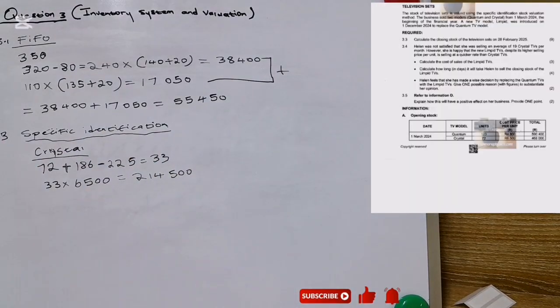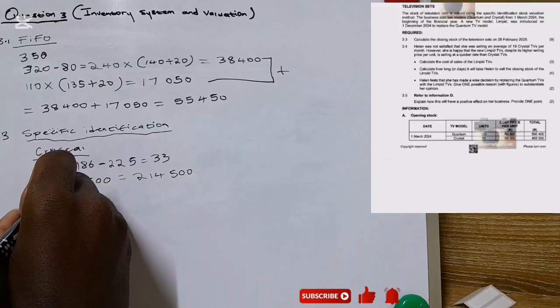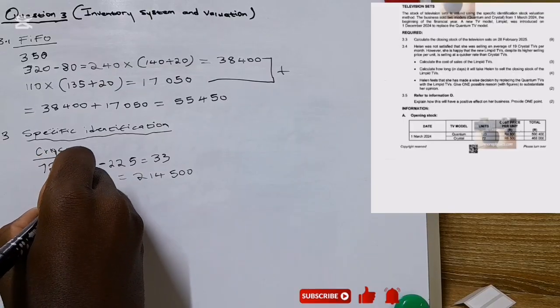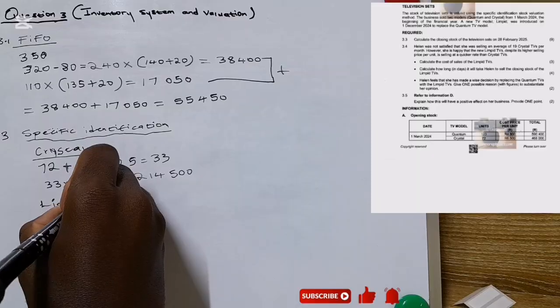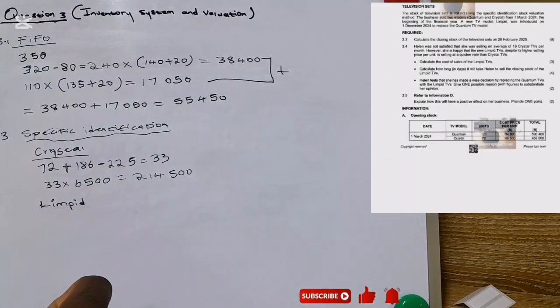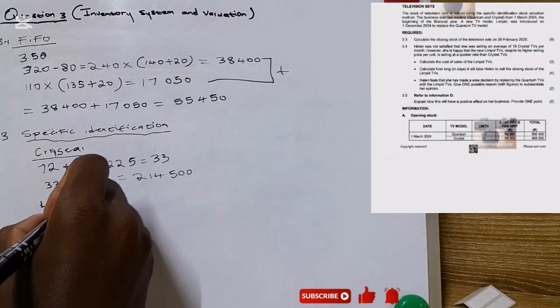Then we are done with the Crystal model. We go to the Limpid model. Now I hope you can see that we need to be specific here. That's why they are saying specific identification. You calculate model by model. You do not mix the models.